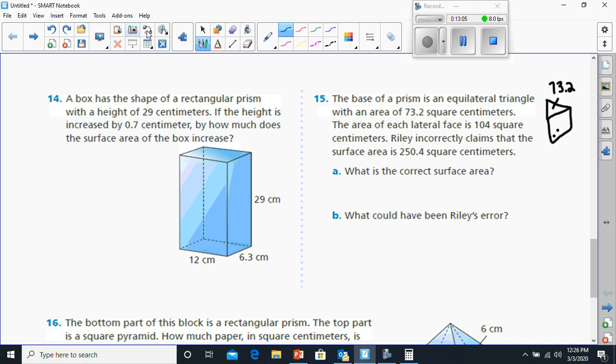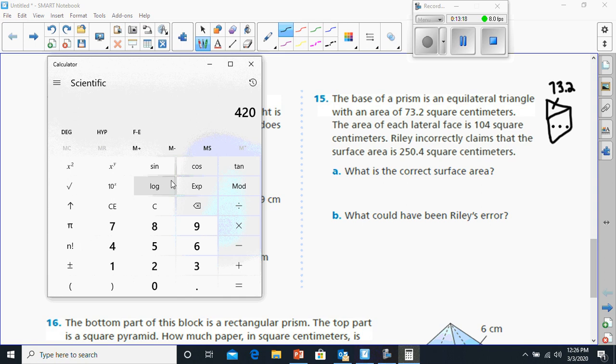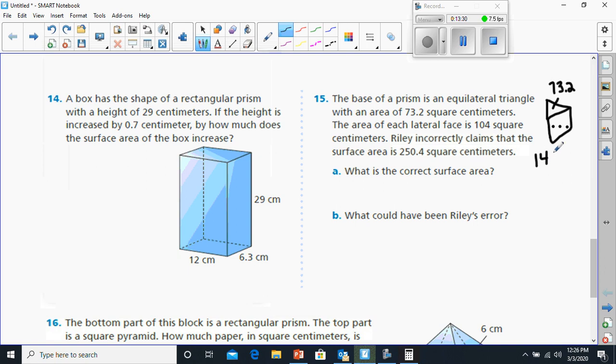So that means it's 73.2 times 2. And that's going to give me 146.4. That's just for the triangles now.